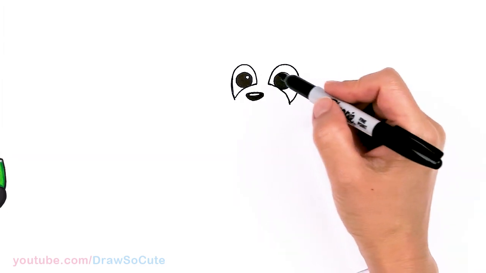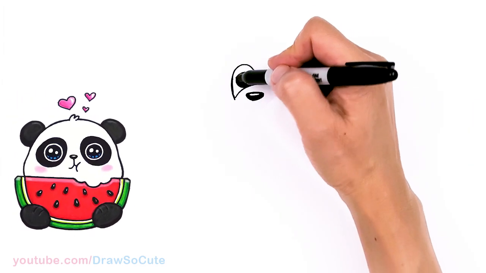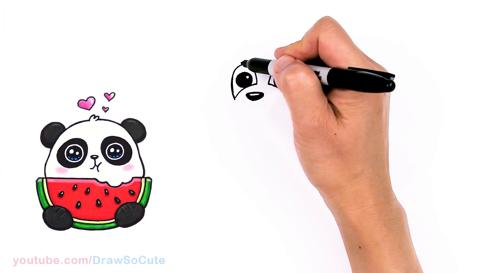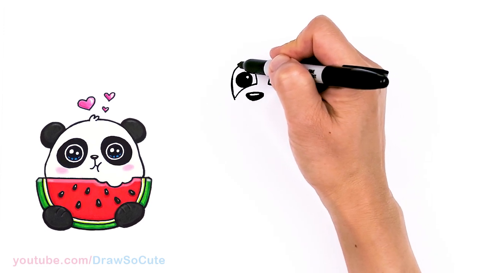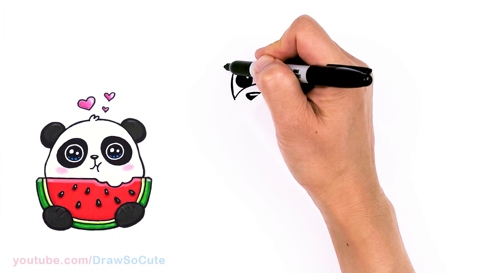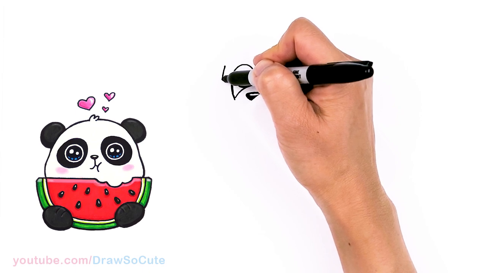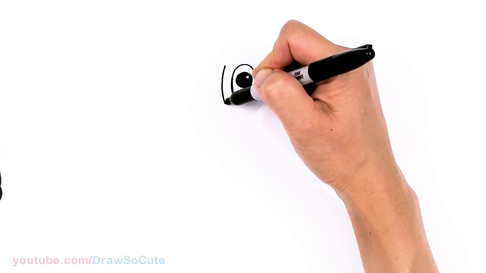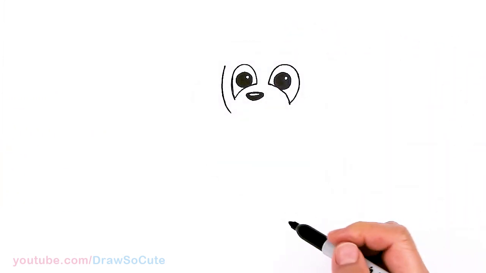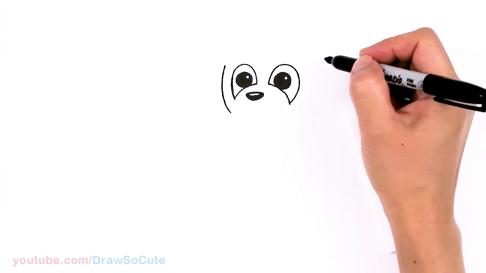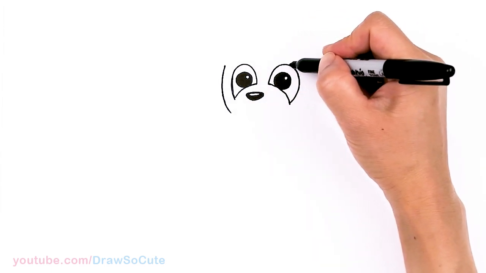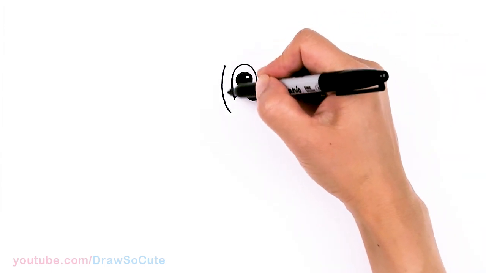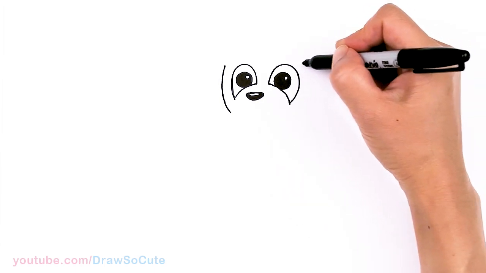So now that we have that done, let's draw the face all around it. Let's come to where the eye is right here. Come out a little bit, and about right here, I'm going to start a curve. It's going to kind of follow the eye. And let's see here, I'm going to come to the other side. So using your eye, nice and wide. Just kind of imagine this big curve.